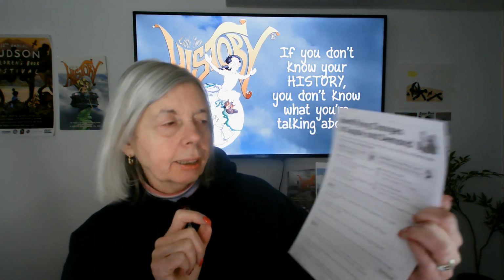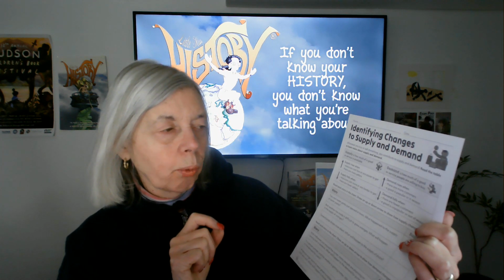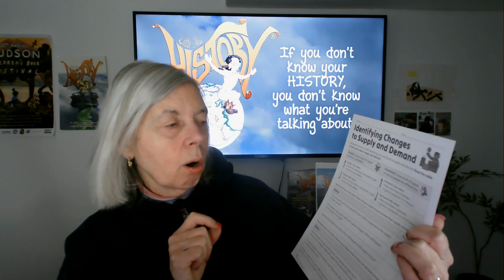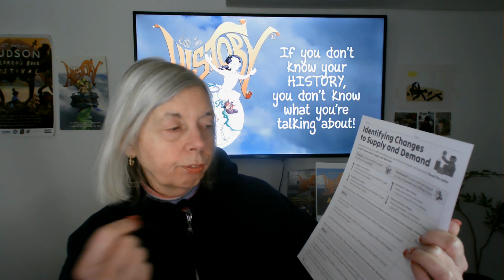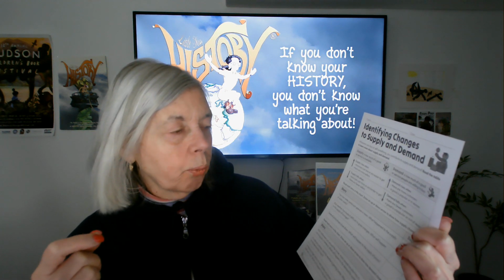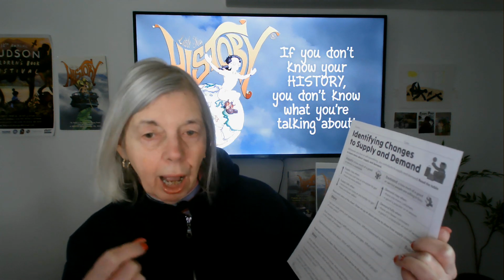On the demand side, demand rises when there are more customers or when a good is very popular or in season. Demand will fall when there are fewer customers and when a good is unpopular or out of season.